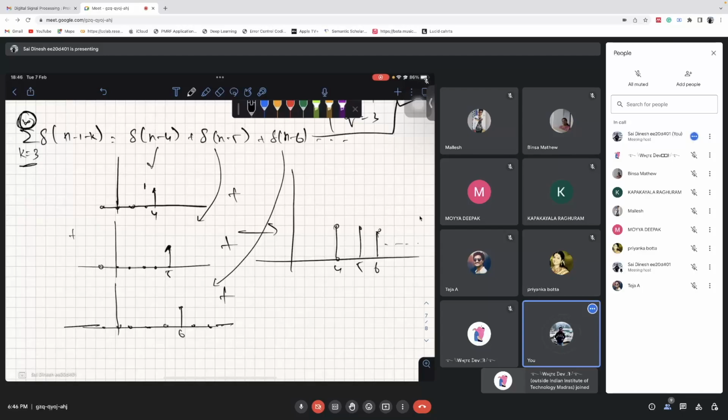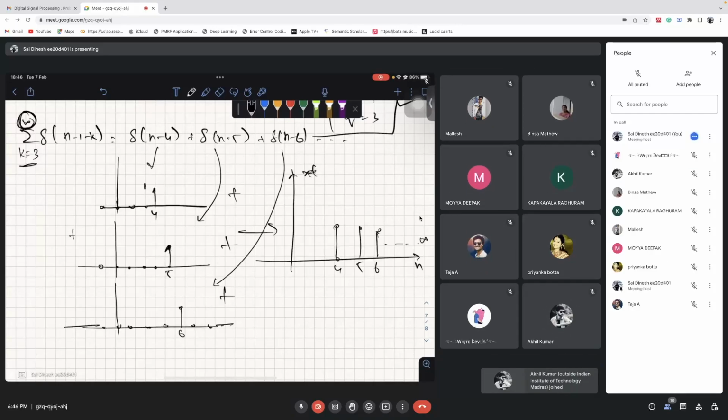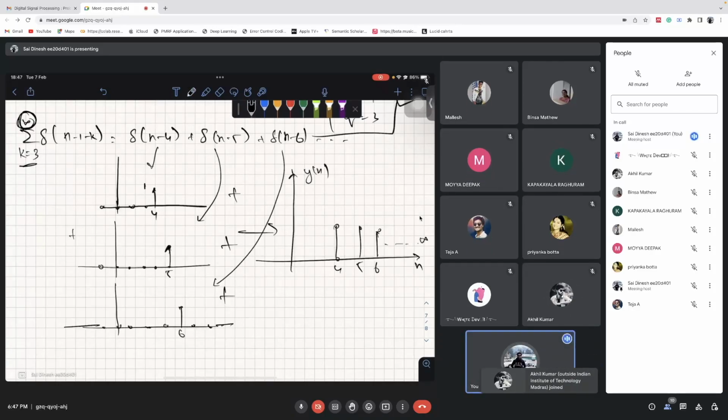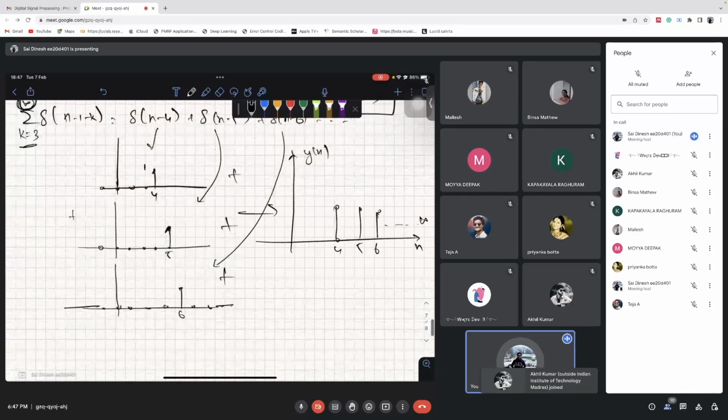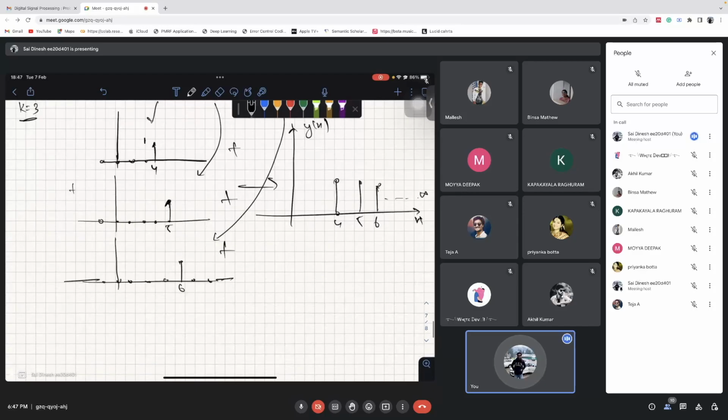Let's just represent it as y of n here, right? So y of n is equal to this one. So now what does this represent?